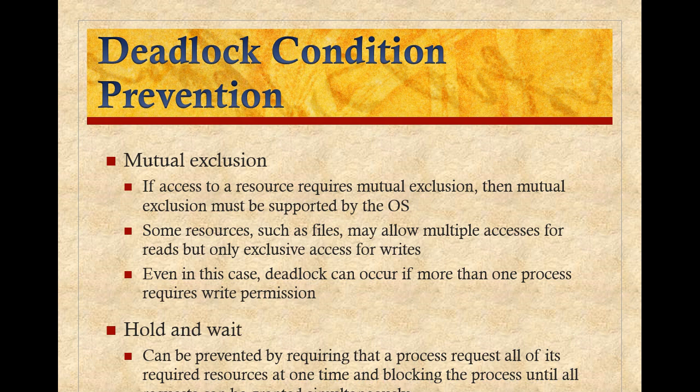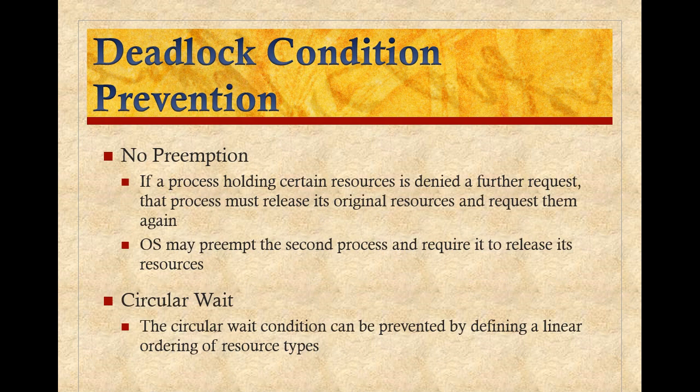Now, deadlock condition prevention. We have mutual exclusion, which means that mutually exclusive use of resources is allowed by the OS. The second is that hold and wait can be prevented by requiring that a process request all of its required resources at one time and blocking the process until all requests can be granted simultaneously.